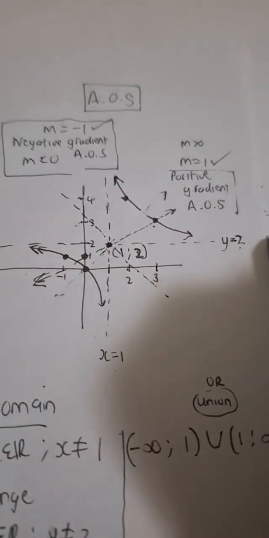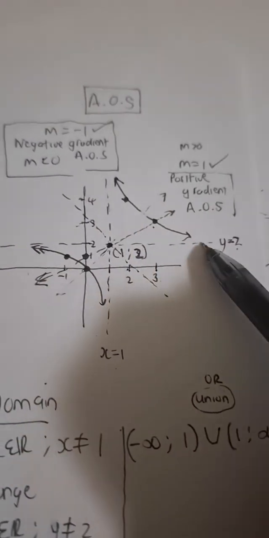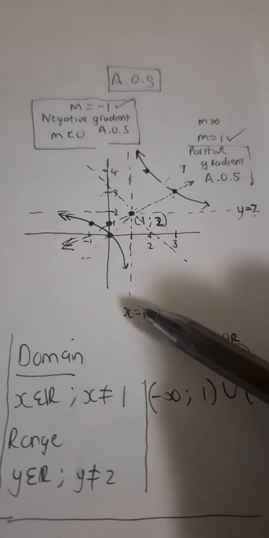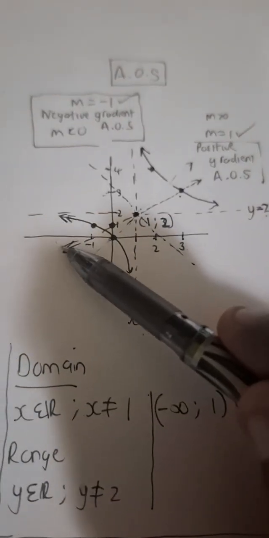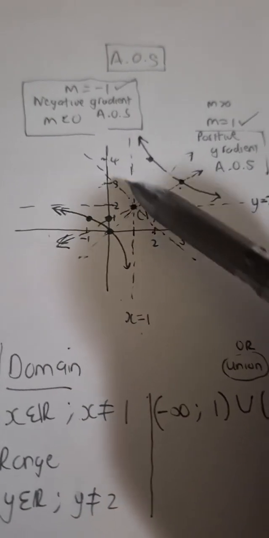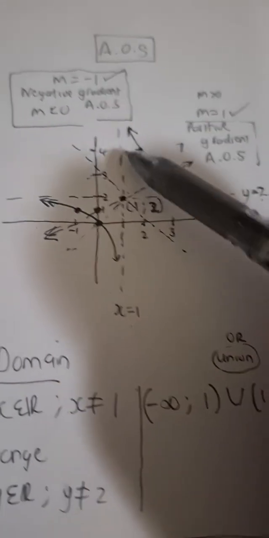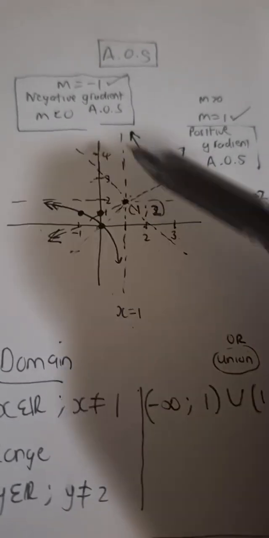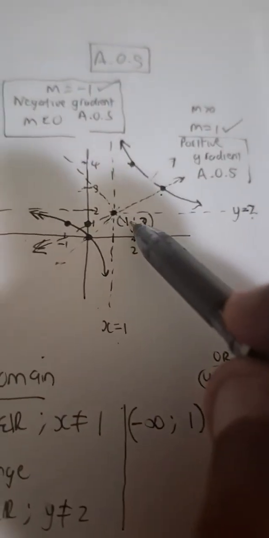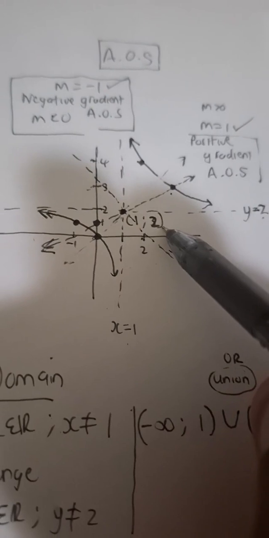We have this horizontal asymptote, which is y is equal to 2, and this vertical asymptote, which is x is equal to 1. This line cuts through the intersection of the two asymptotes. Where they intersect, it's at x is equal to 1 and y is equal to 2.